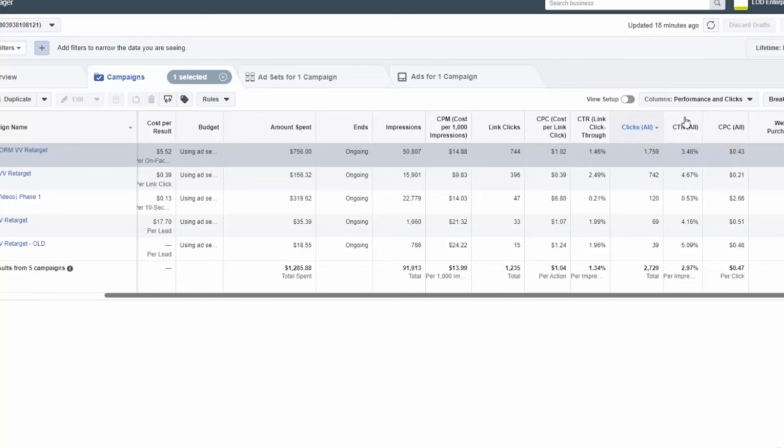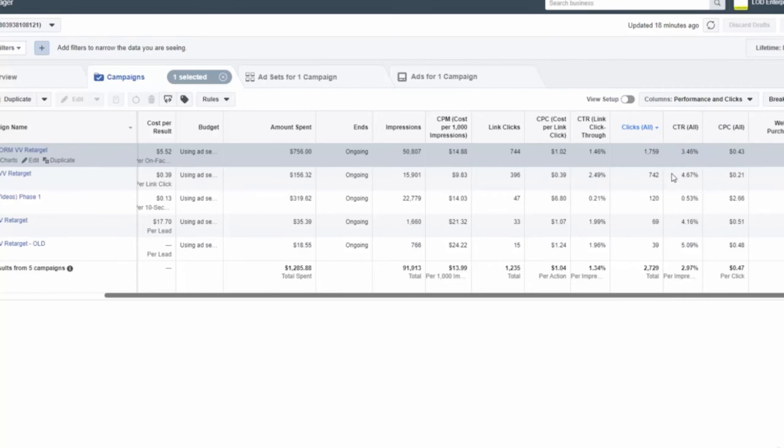And so this is a totality of a number of different factors, and it's not necessarily the real accurate data. The most accurate data that we want to make sure that we're tracking is the actual CPC, click-through rate, right? These right here. And then the actual cost per result.